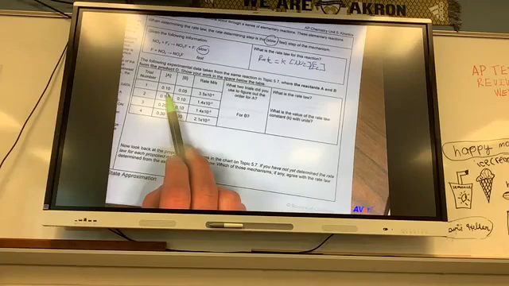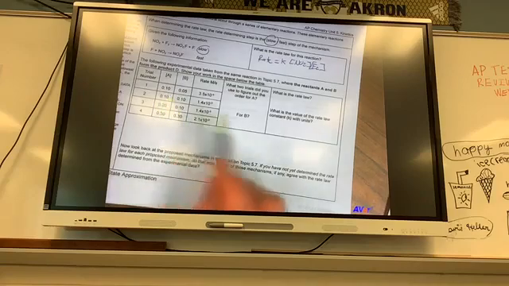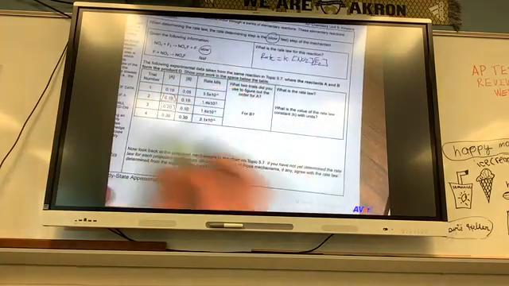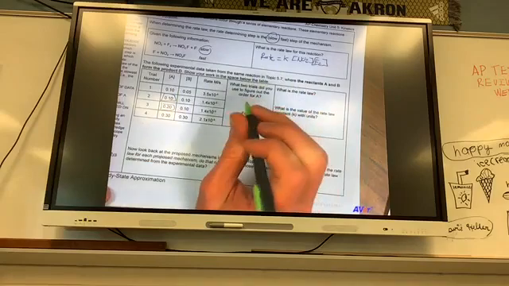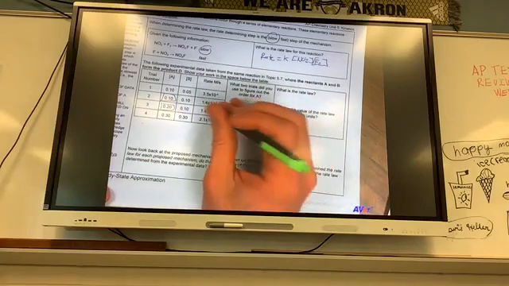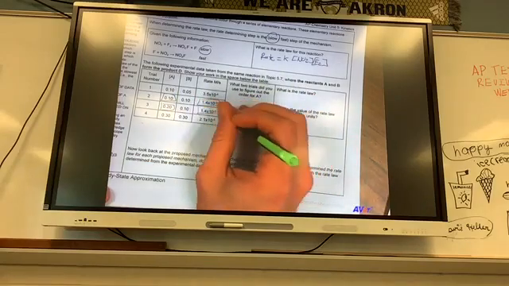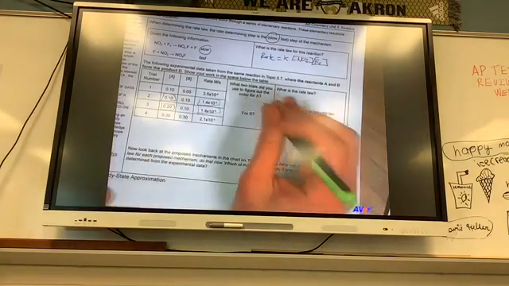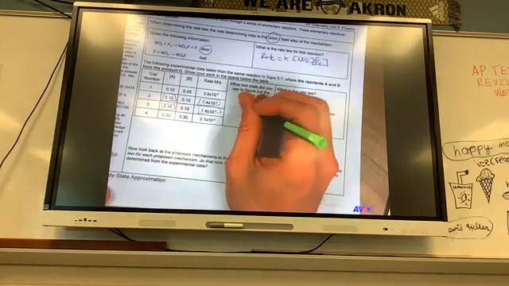So on A, no, A has to change. So for A, I would use 2 and 3, because A is doubling, and this is not changing.